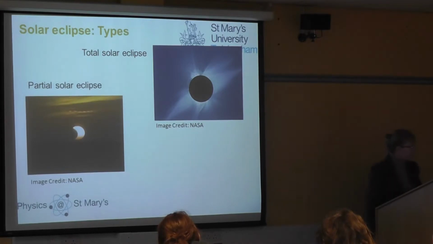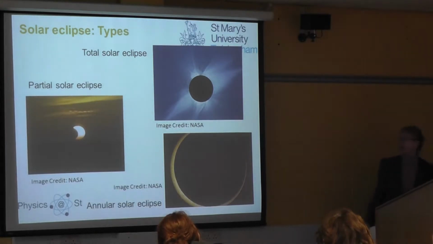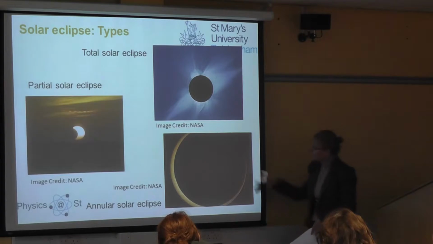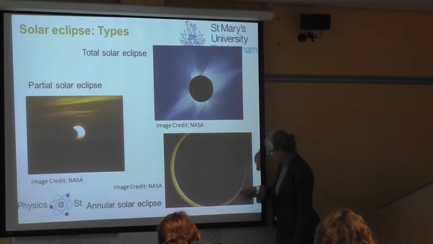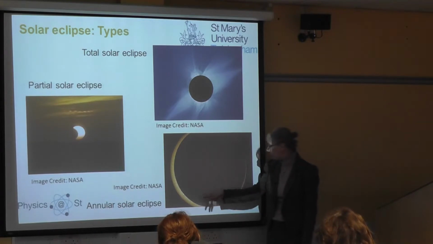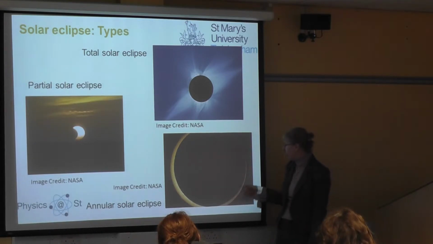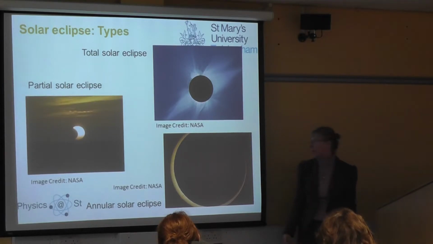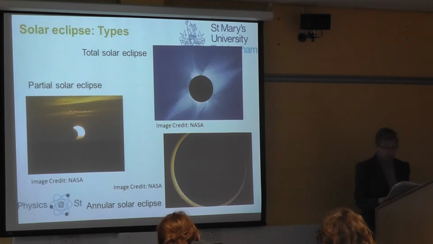And then we have the annular one, where the moon is covering the sun, but obviously not completely. It's quite good, as my colleague Ali was saying, to study the corona of the sun, also called the crown of the sun. So these are basically the three types of eclipses.